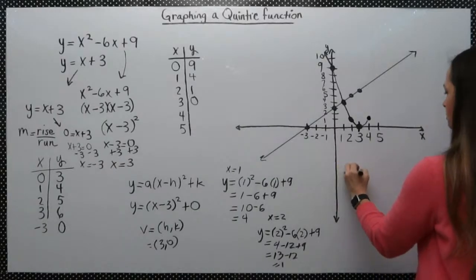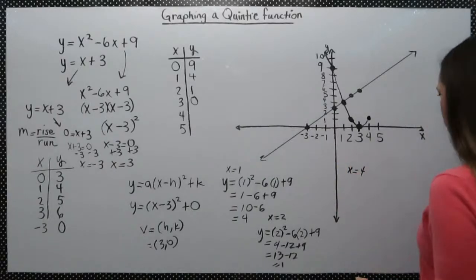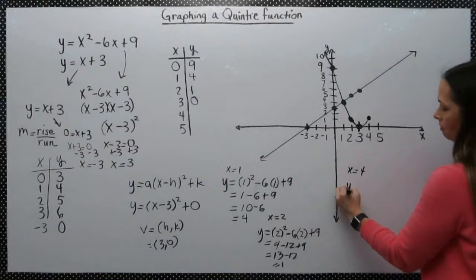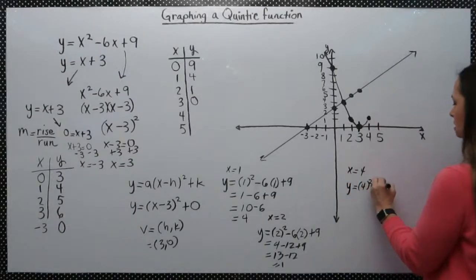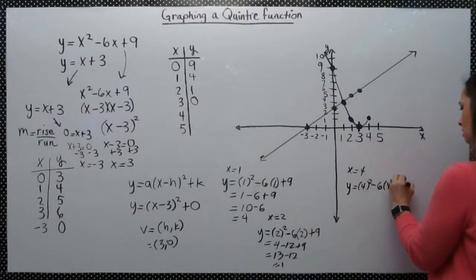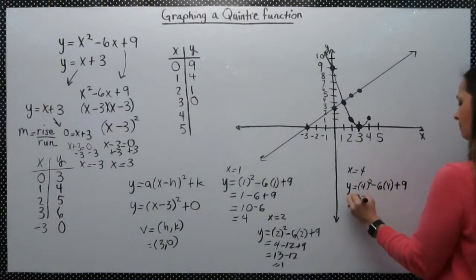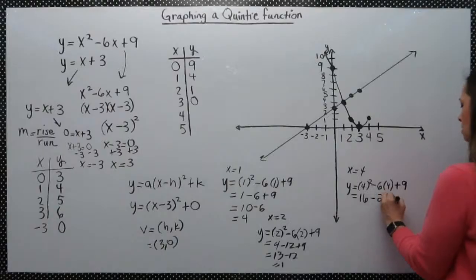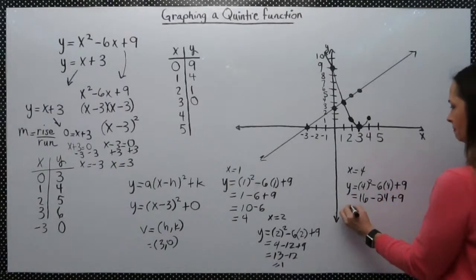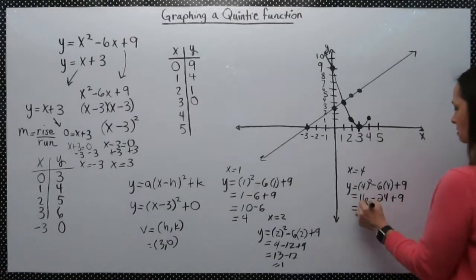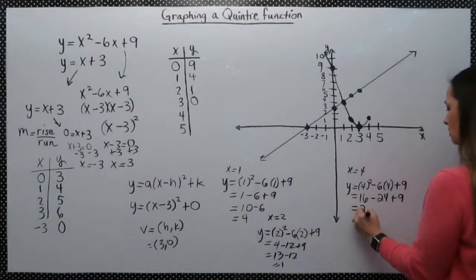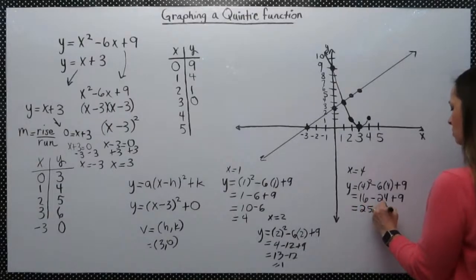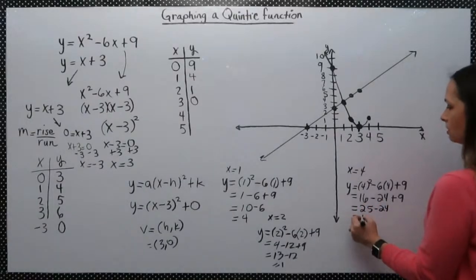So x equals 4. y equals 4 squared minus 6 times 4 plus 9. That's going to give me 16 minus 24 plus 9. So that's 16 and 9 is 25, minus 24, which is 1.